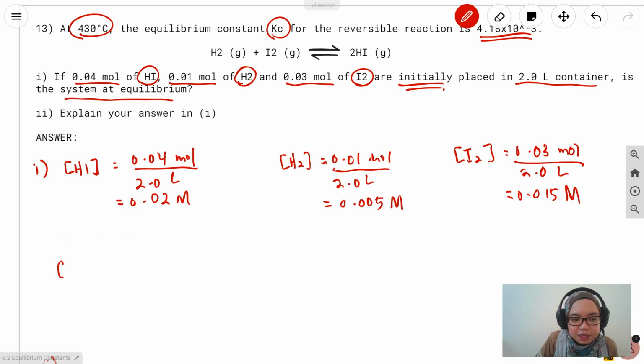So Qc is equal to the concentration of product HI squared divided by the concentration of H2 times the concentration of I2.